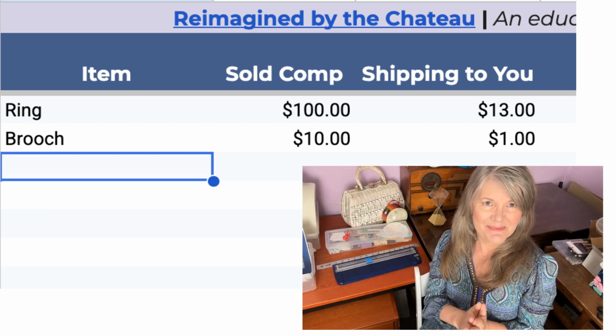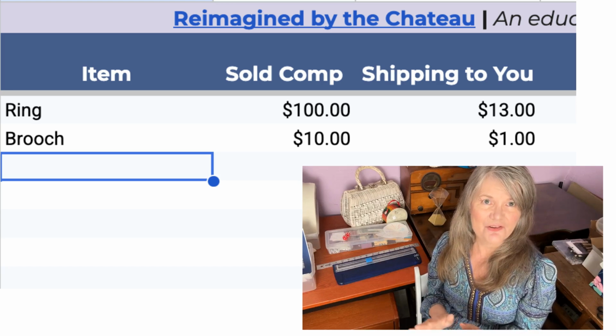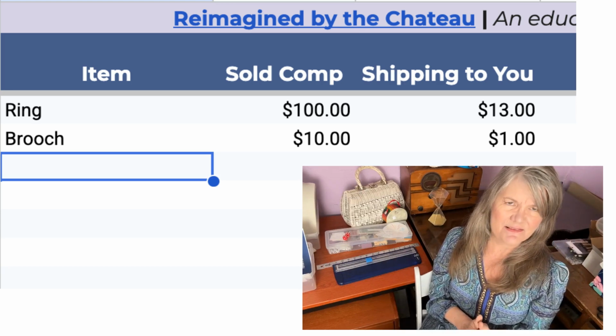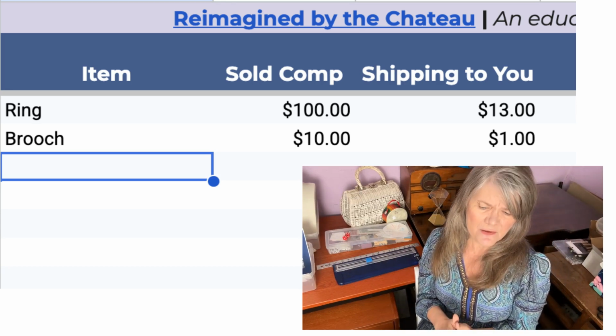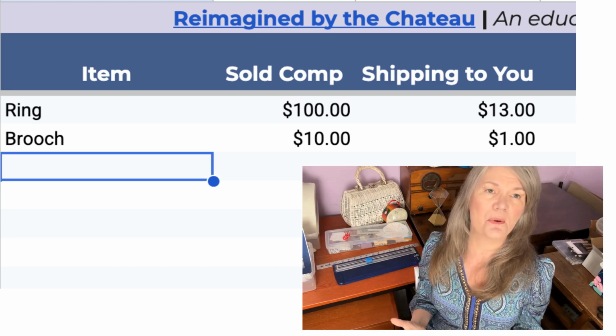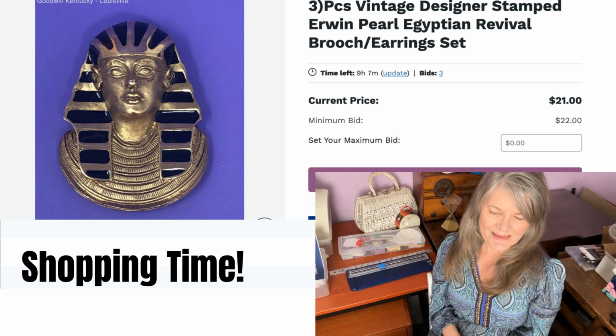You'll see in the template that there's a column where you can put a description of what you're looking at. And then the next item says sold comp. So what is the sold comp and how do you know where to find it? Well, let's take one step back.